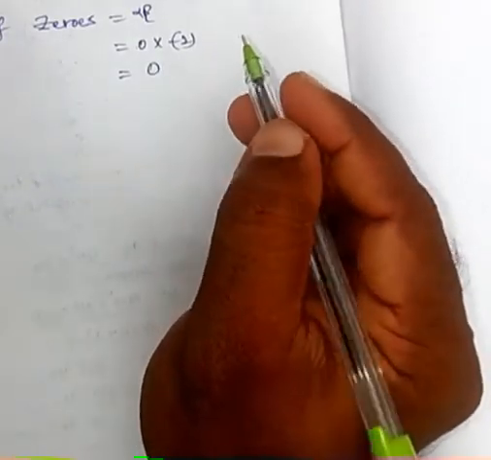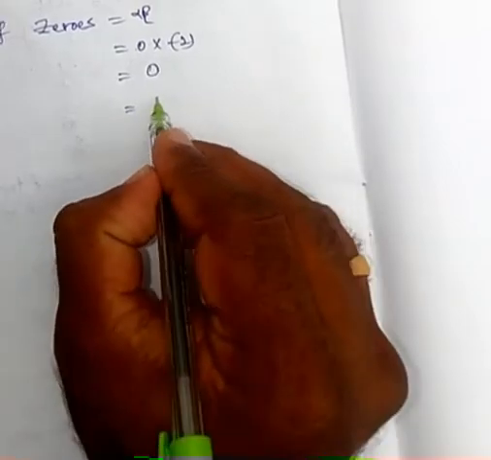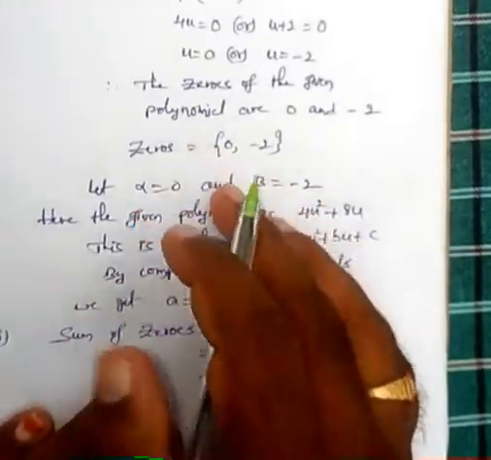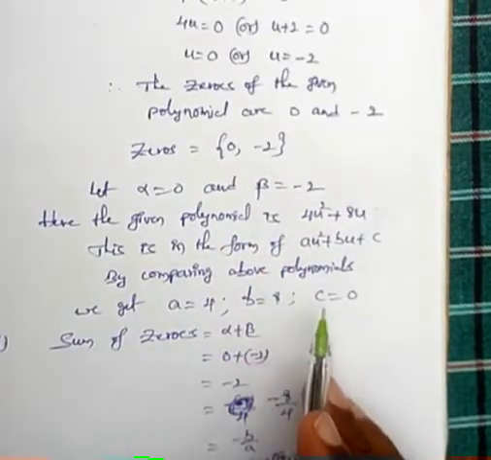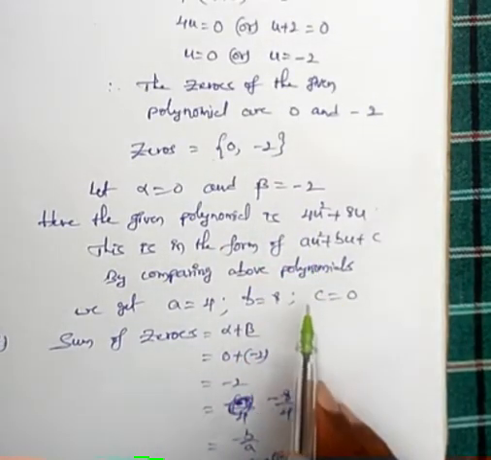And you can write 0 in the form of c by a. Here what is c? C means 0, because already we discussed that there is no constant term, that's why c equal to 0. So we can write the 0 in the form of c by a, that is 0 by 4.